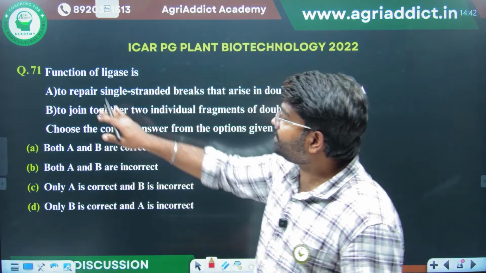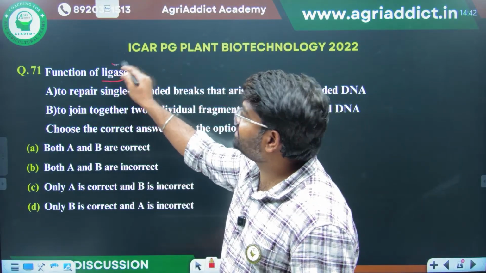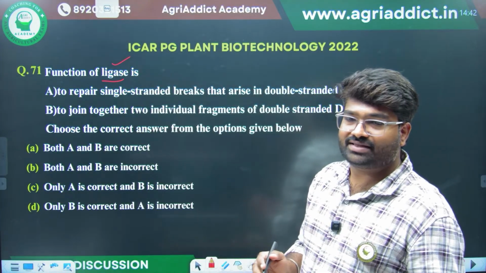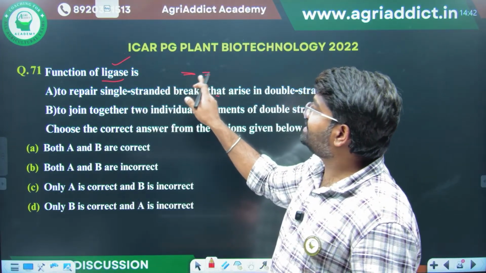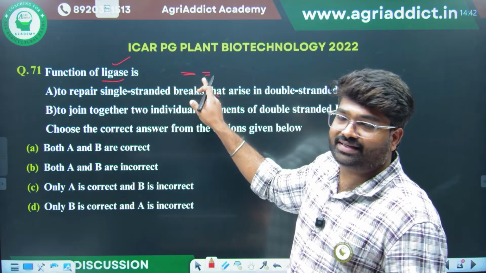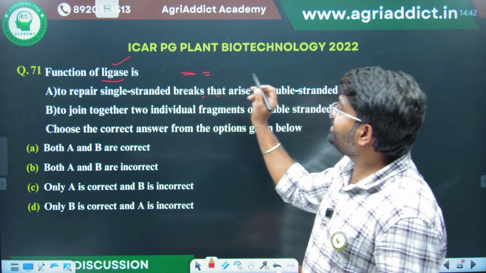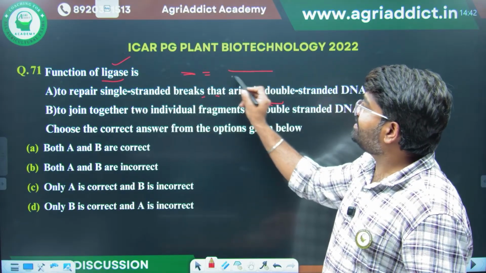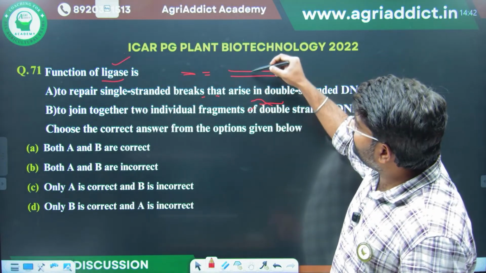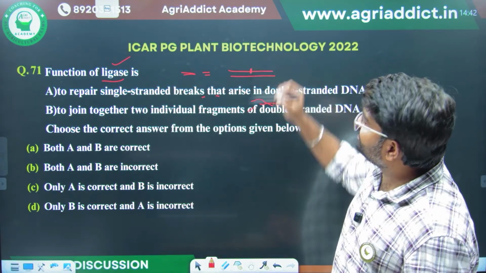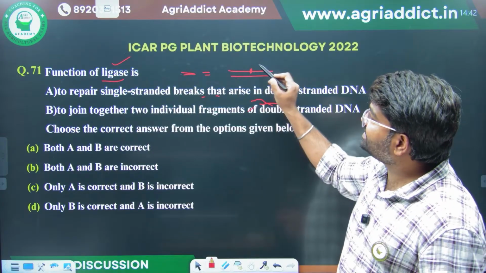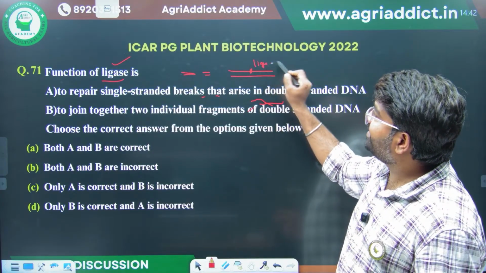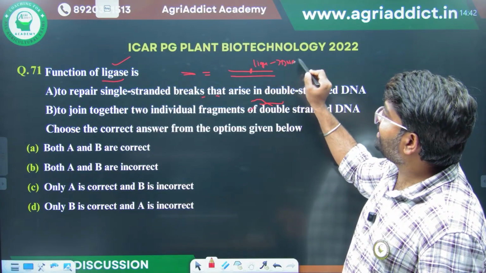Okay. Function of ligase, another simple question. What is the function of ligase? It will ligate double stranded DNA. Two double stranded DNAs can be ligated, or what else can it do? If a double stranded DNA is missing a phosphodiester bond in one of the strands, this can also be ligated by DNA ligase.